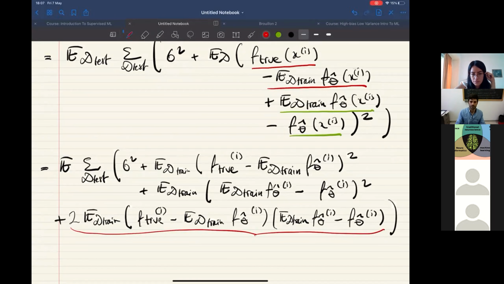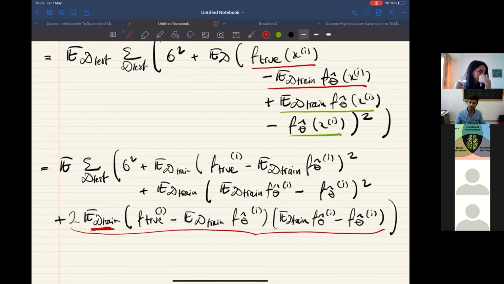Can someone try to tell me, by keeping track of what parts depend on what, in the sense that some parts in this product depend on the training data, some parts depend on the test data, maybe some depend on both or not at all, I don't know. Okay, you have to keep track of what depends on what. Here I have an expectation over the training data.